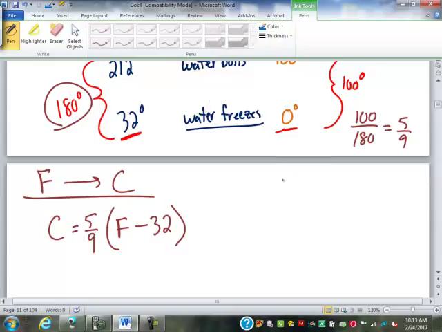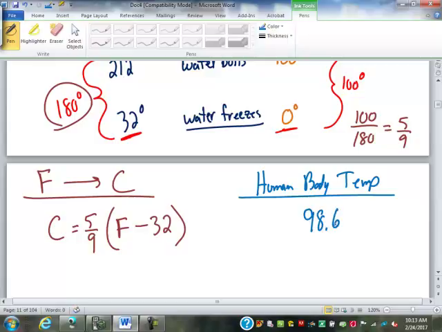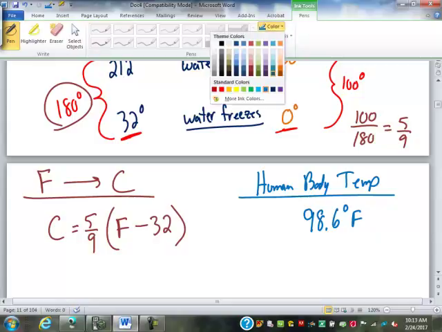So let's look at a common one, human body temperature. What do we commonly use in the Fahrenheit scale as our standard human body temperature? 98.6. There we go. That's degrees Fahrenheit. What would that be in degrees Celsius?